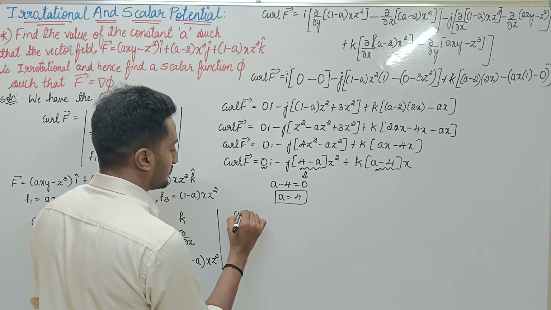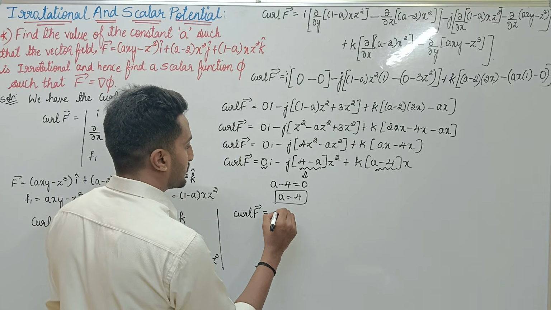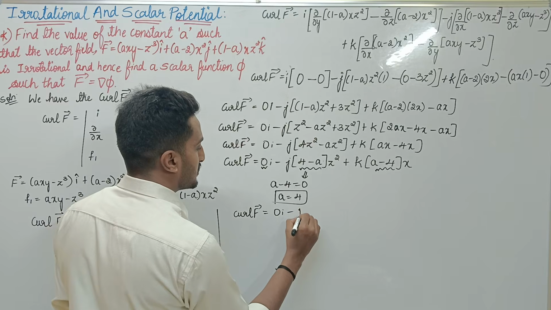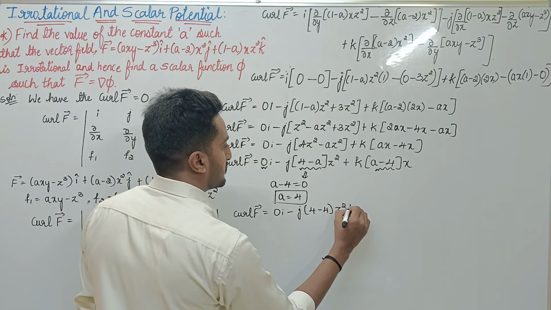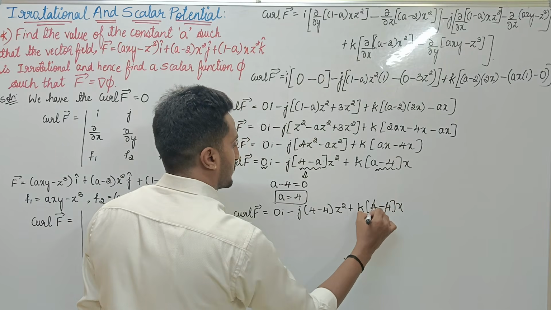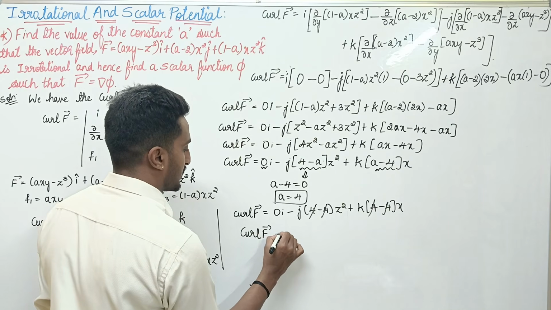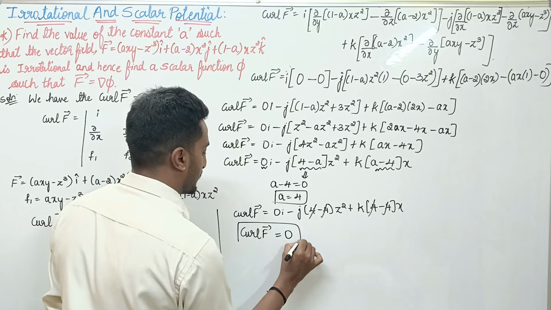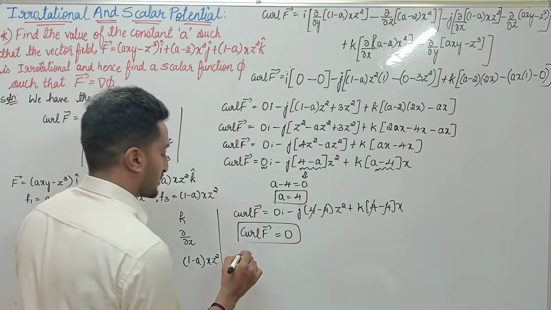That is, curl vector f is equal to 0i minus j into 4 minus 4 z square plus k into 4 minus 4 x. Everything gets cancelled, you get curl vector f equal to 0. If curl vector f is equal to 0, then we conclude it is irrotational.